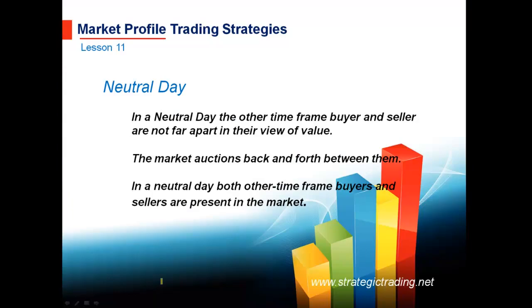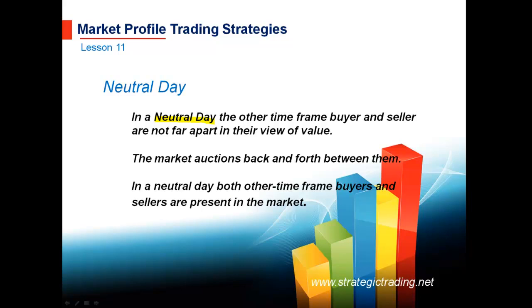All right, let's move on to another type of structure, what we call the neutral day. And the neutral day is kind of interesting. In a neutral day, the other time frame buyer and seller are not far apart in their view of value. So both the other time frame buyer and the seller have a close perception of value. They both feel this is really where the market value is.